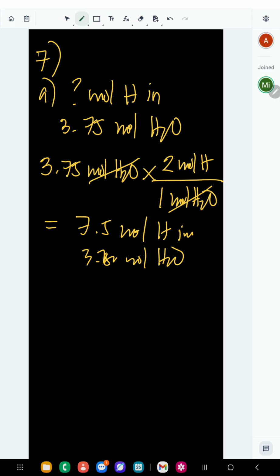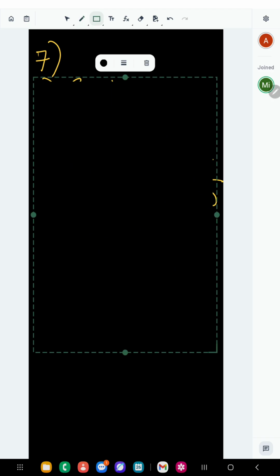So let's move on to the next one, number 8. Where's that? Number 8. Oh no, there's still letter B. 7B. How many moles of hydrogen in 25.0 grams water?